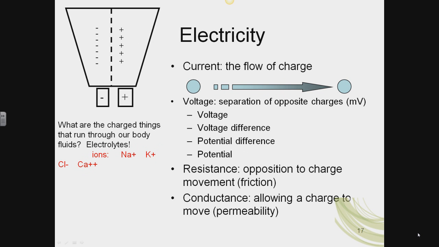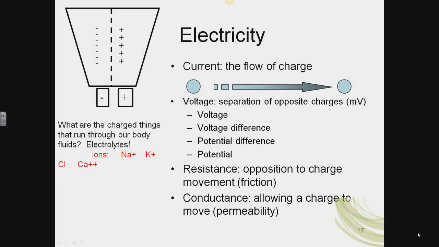So let's talk about some terms. A lot of times students are bullied into submission because they let words scare them. A current. When you talk about an electrical current, that really means just the movement of charge. And opposite charges are attracted to each other. Voltage. You think of a 9-volt battery or some other voltage of battery.